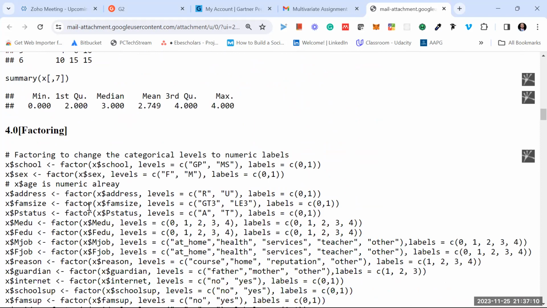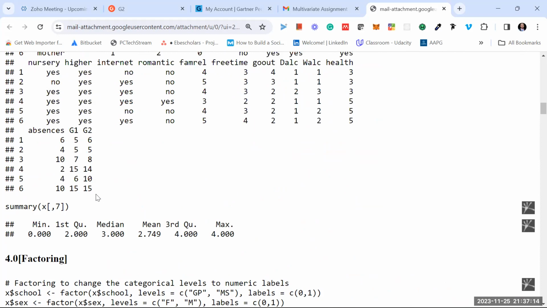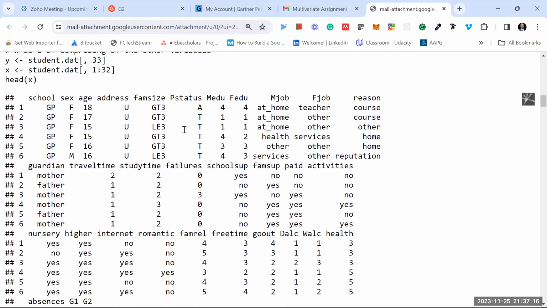Now pay attention, you realize that not all the data points are numbers, all right? So we needed to convert these ones that are not numbers to what you call factors in R. We needed to convert them to what you call what?